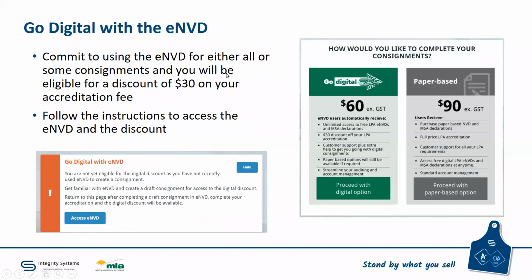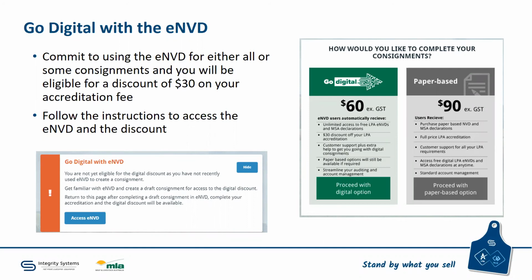So if you are coming up to do your accreditation or reaccreditation, and you've used eNVDs recently, then the discount option will come up as you're going through the process. If you've never used eNVD, then you can see that orange alert on the left.